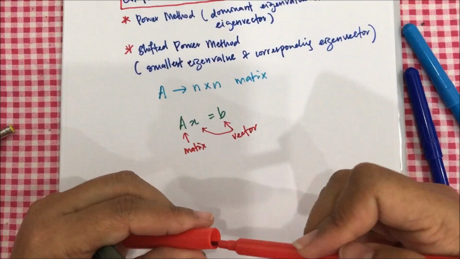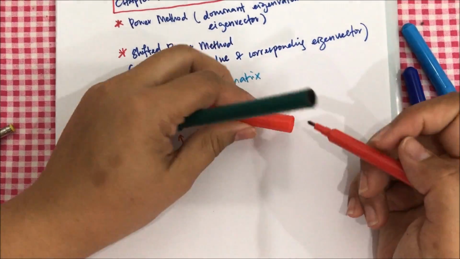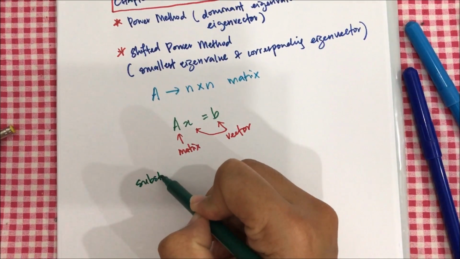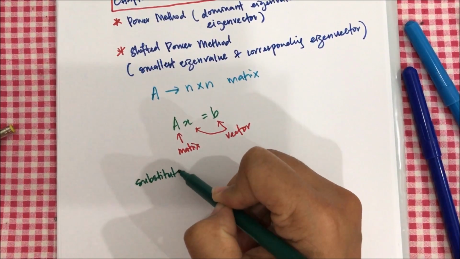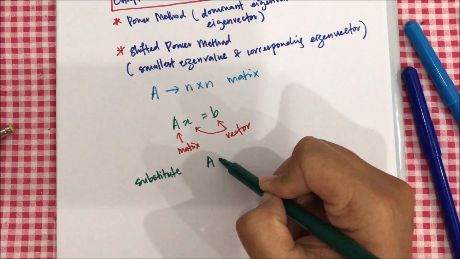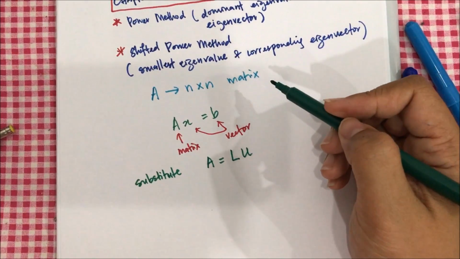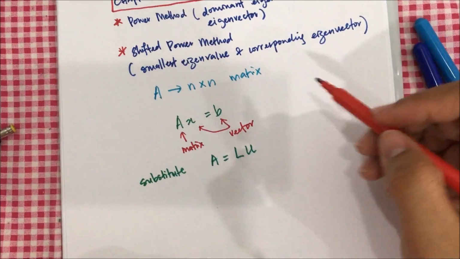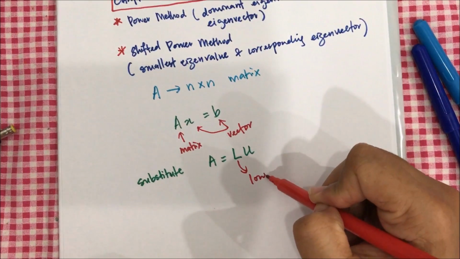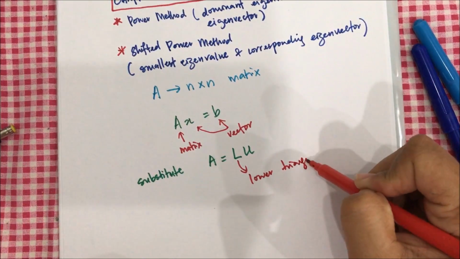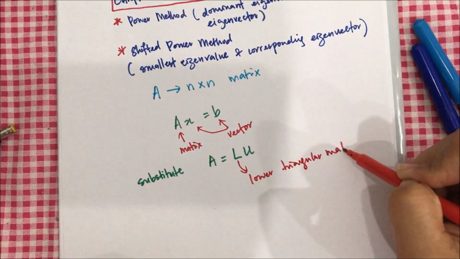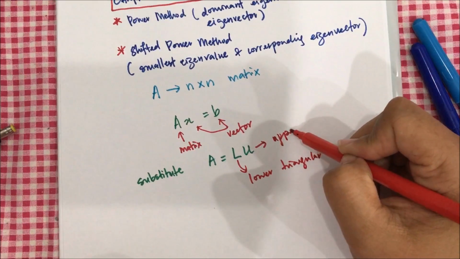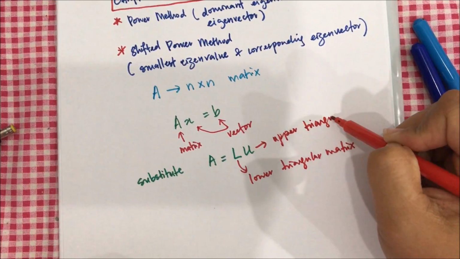So before this, when we wanted to solve these equations, we substituted A equal to LU, where L is the lower triangular matrix and U is the upper triangular matrix.